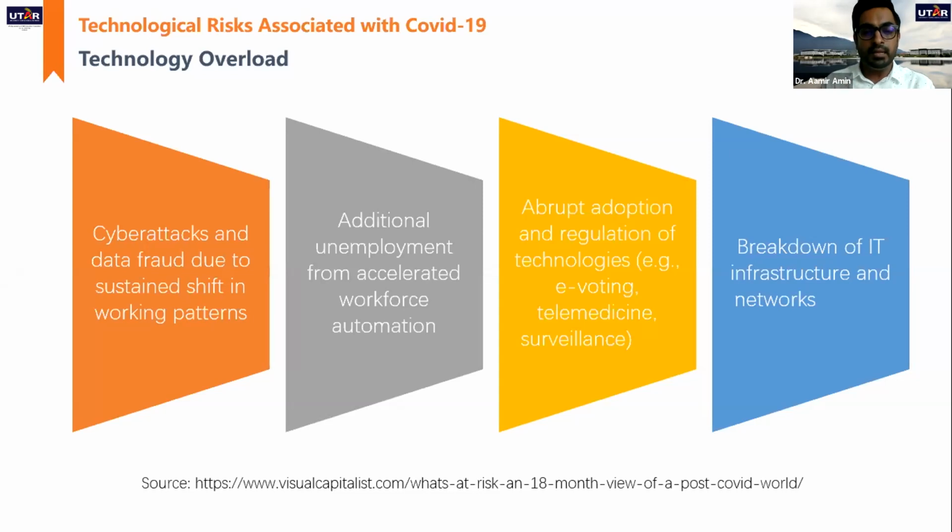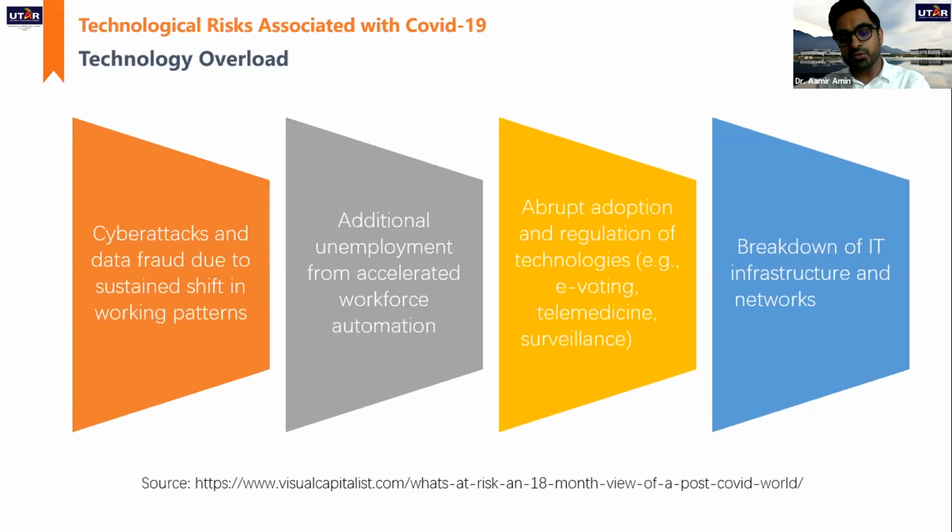A lot of people, even government personnel, are moving towards online work or working from home. A lot of sensitive or personal data is on our devices now, which means there's more chance of cyber attacks or data frauds. So this is one of the risks.